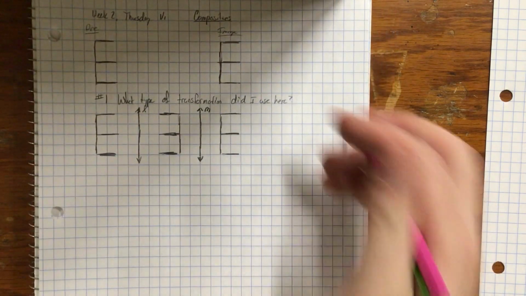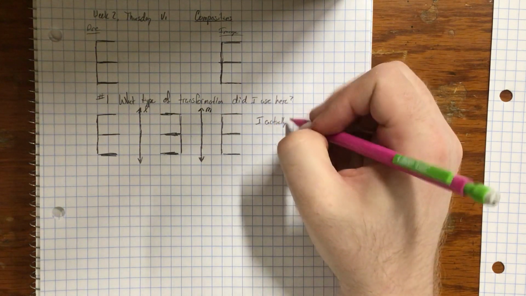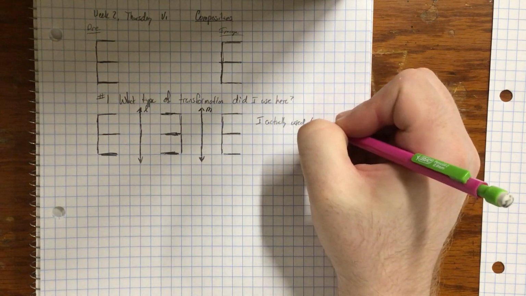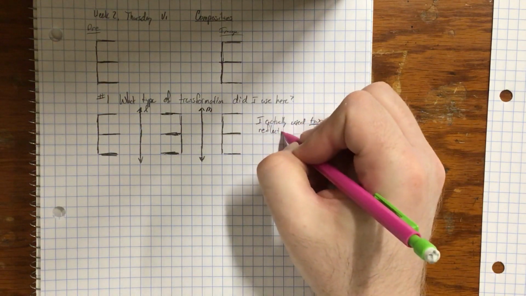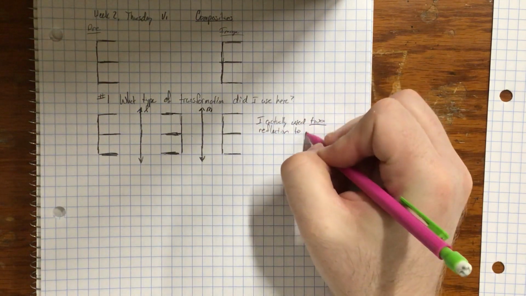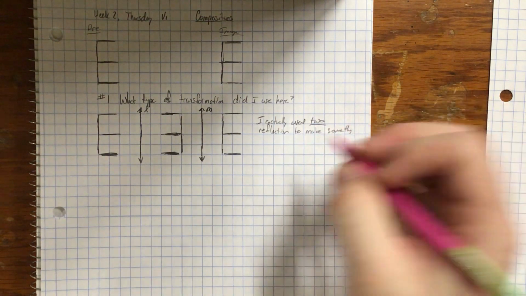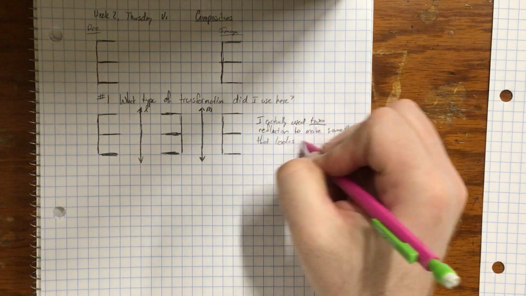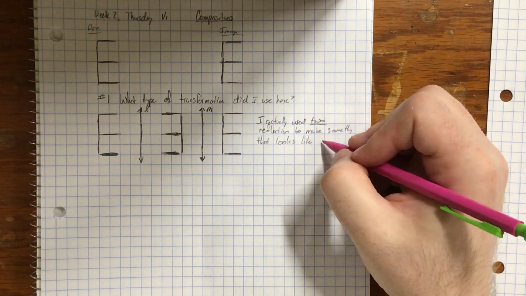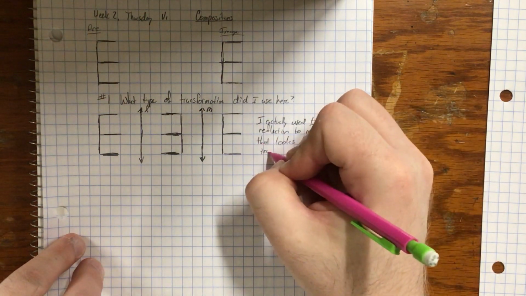So in reality what I did here is I actually used 2 reflections to make something that looks like a single translation.